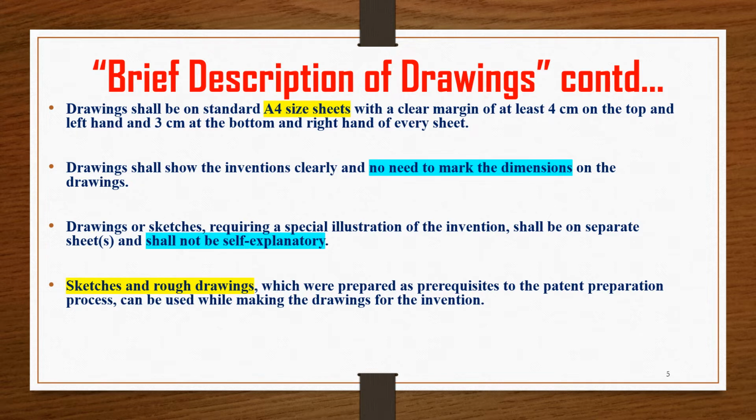The next point is, drawings shall show the inventions clearly and no need to mark the dimensions on the drawings. The next point is, drawings or sketches requiring a special illustration of the invention shall be on separate sheet or sheets and shall not be self-explanatory. The next point is, sketches and rough drawings which were prepared as prerequisites to the patent preparation process can be used while making the drawings for the invention.